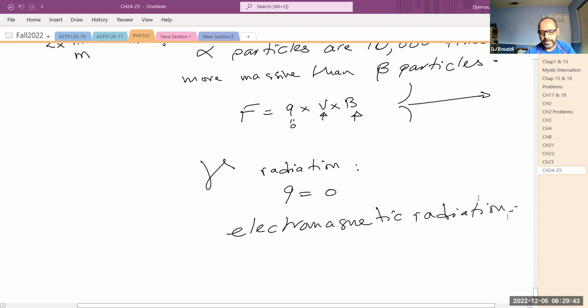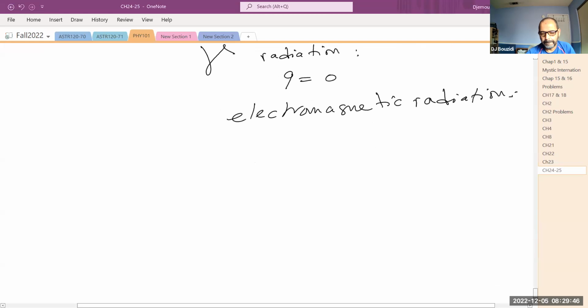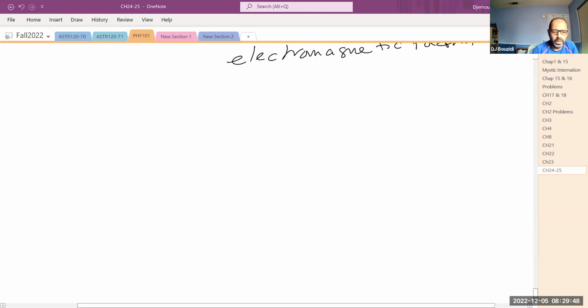So what's going on inside the nucleus? Nuclei, doesn't matter how big they are. Usually when they are big, they're subject more to radioactivity. Most of the elements in the periodic table and their so-called isotopes, which we're going to define exactly right now, are unstable.